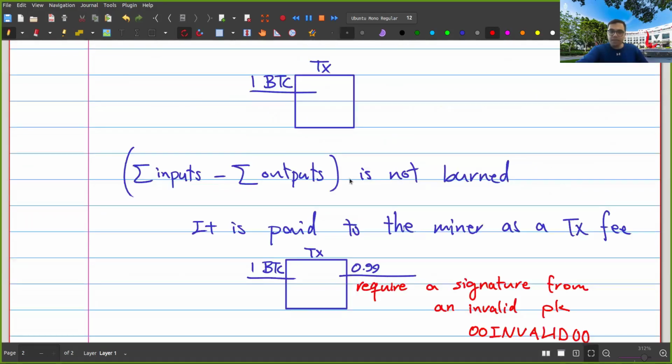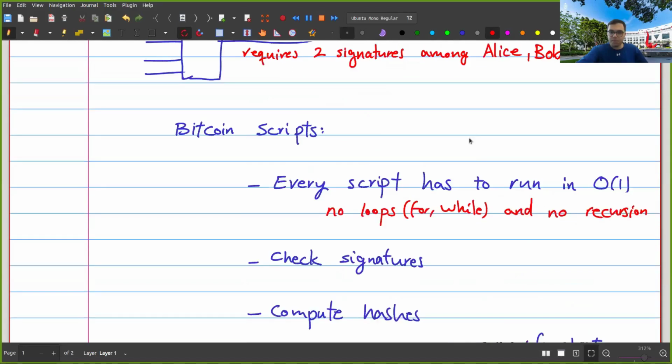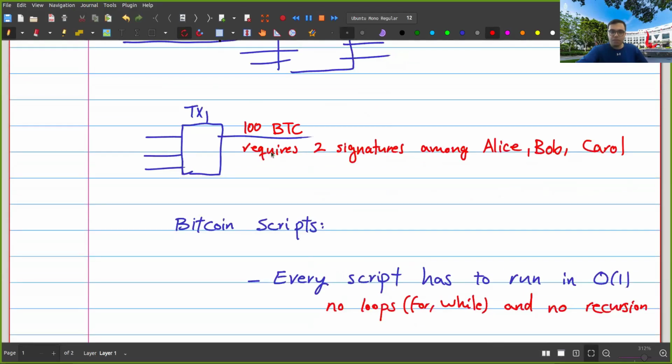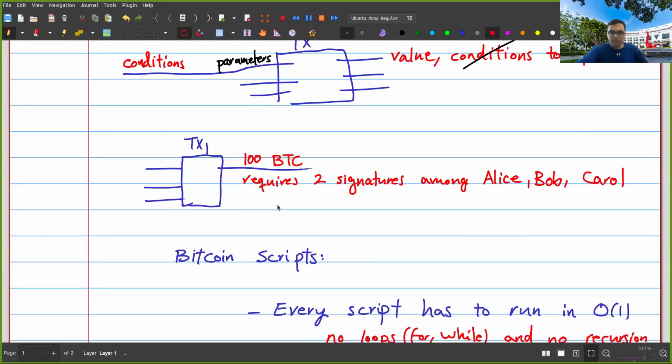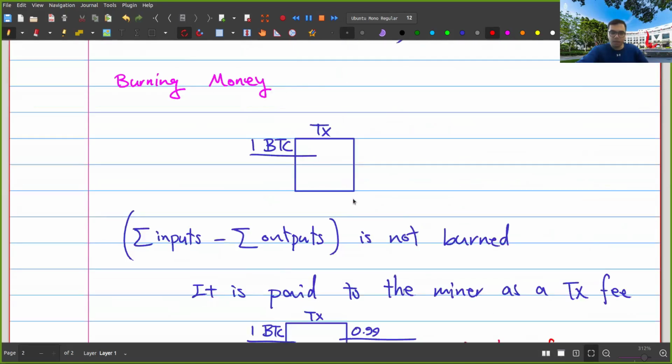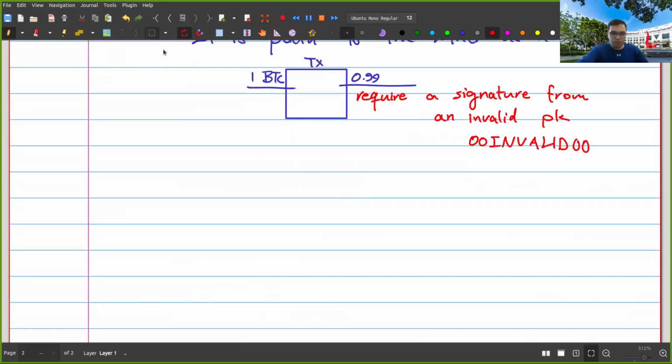But here's the thing, because we have scripts, we can do this in a much simpler way. Remember, I can spend this money only if I can give some parameters to this script so that it returns true, so that it allows me to spend it. So I can just do something like this. I can create my transaction, and then I can just have some input going into it.